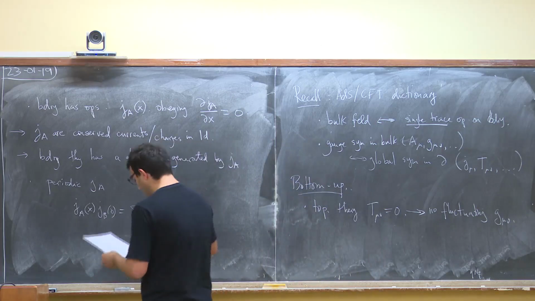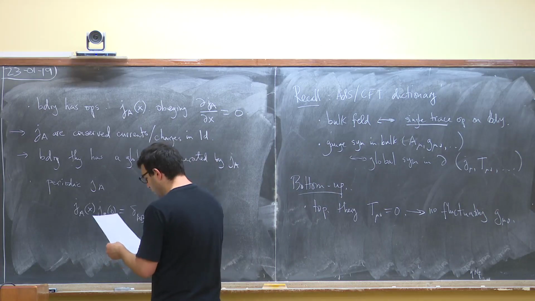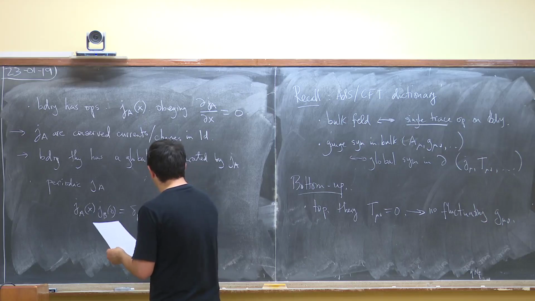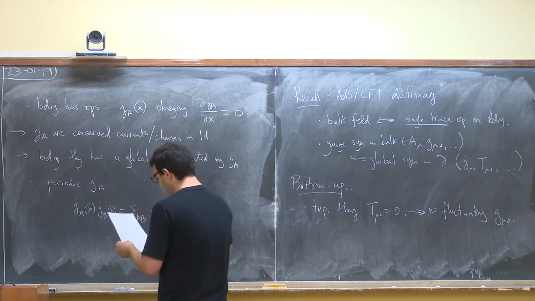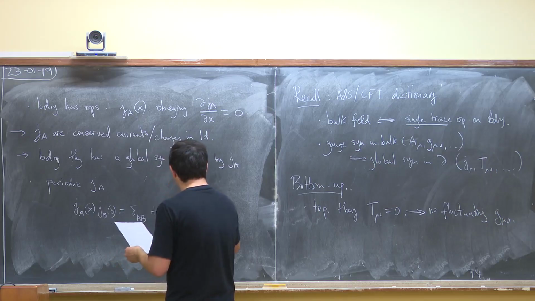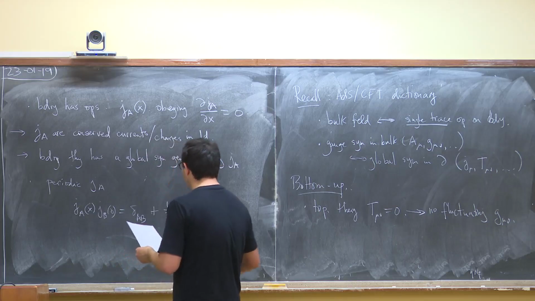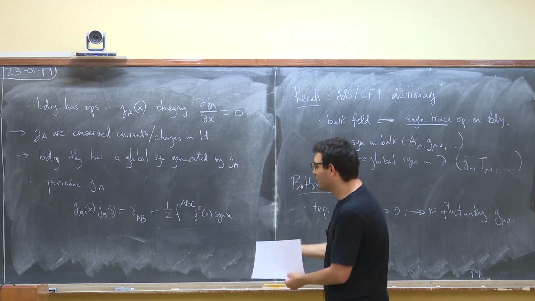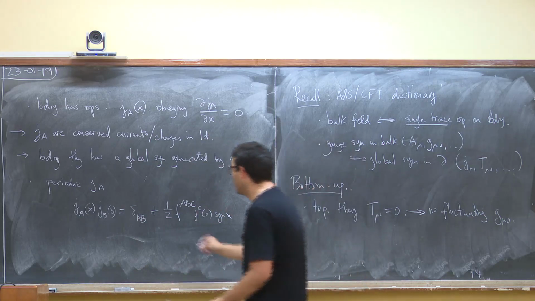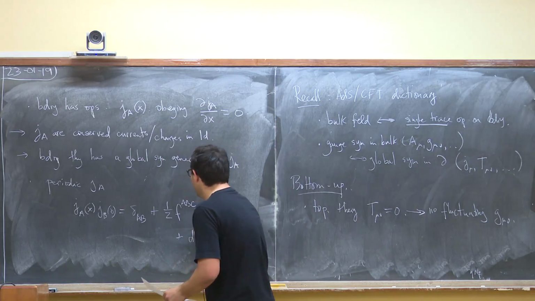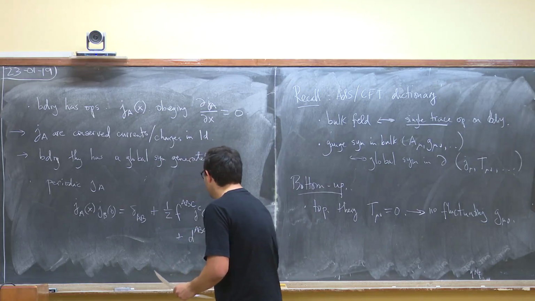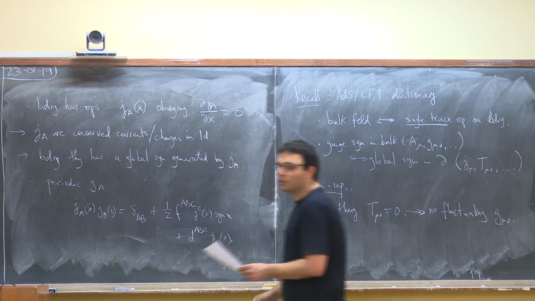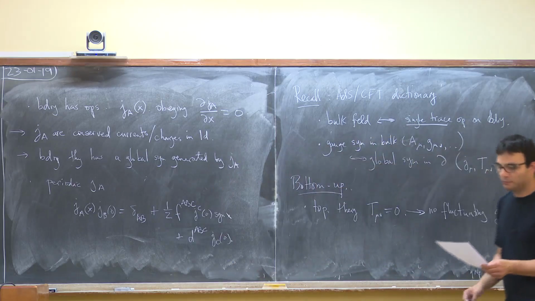I can have one of two things: f^{ABC} J^C(0) sign(x). So I can have either something that appears with sign(x) as x goes to 0, or something that doesn't appear with sign(x). I'm going to call that d^{ABC} J^C(0). There are only two possible structures that can appear.